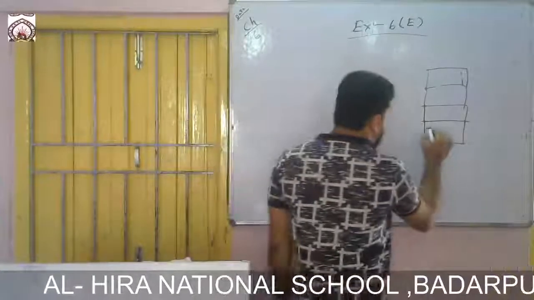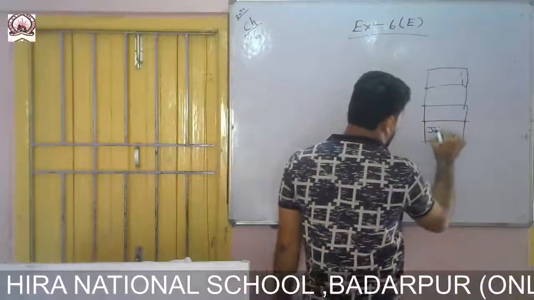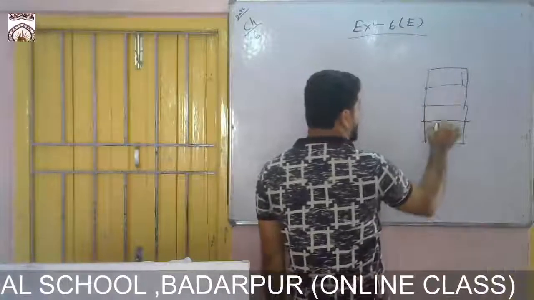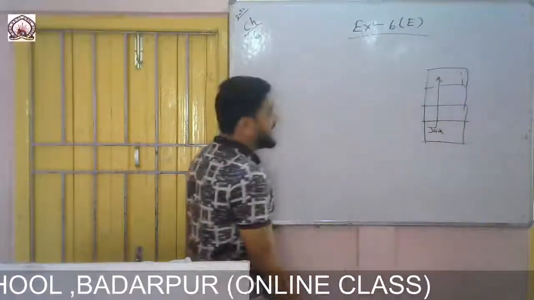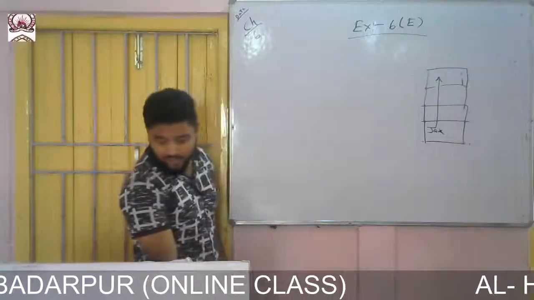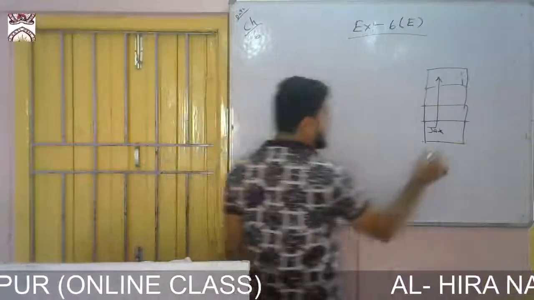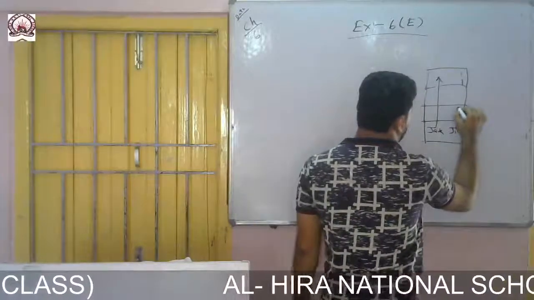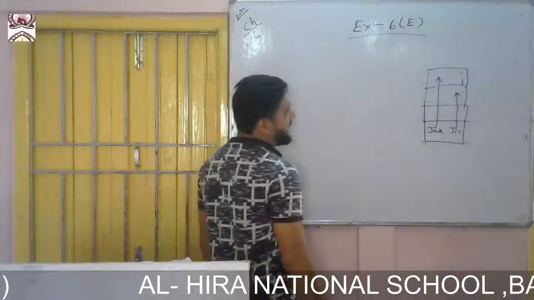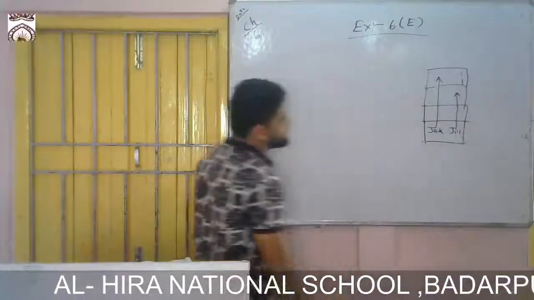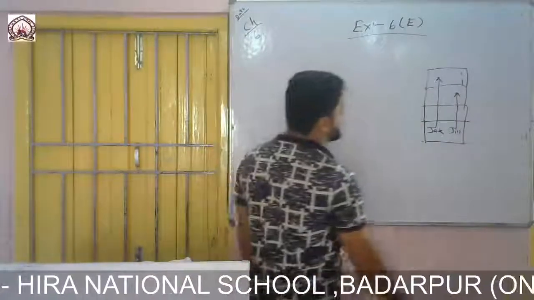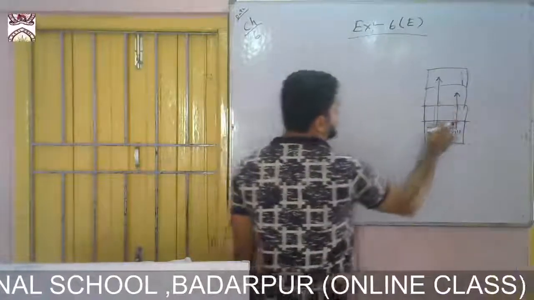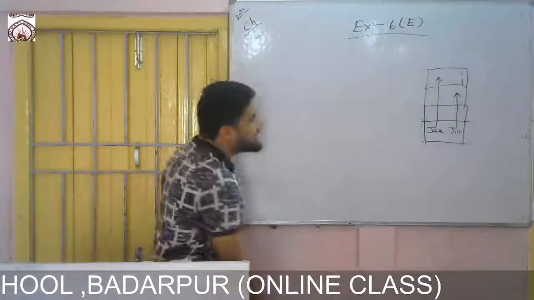Jack jumps to every third tile, 1 2 3, third tile. And Jill jumps to every second tile. Okay. So every third tile and every second tile.